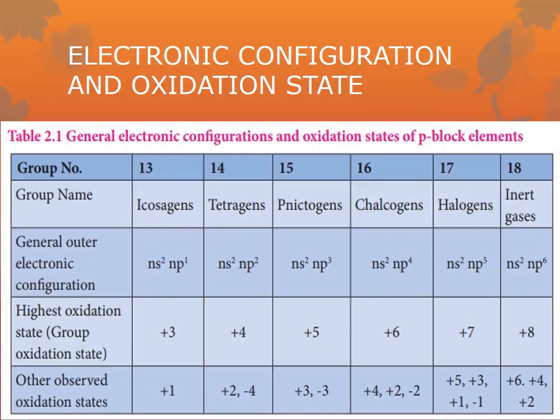I will tell you one by one. In the periodic table I have shown you the P block elements. So what is a P block element? The elements in which their last electron enters the p orbital. K, L, M, N, O, P.